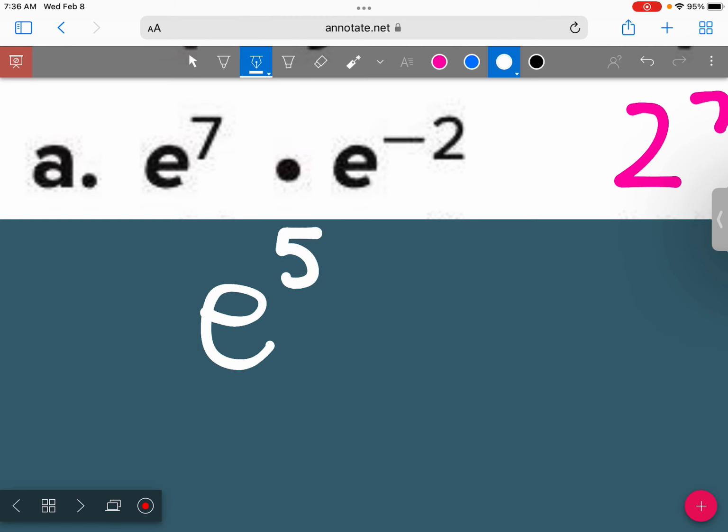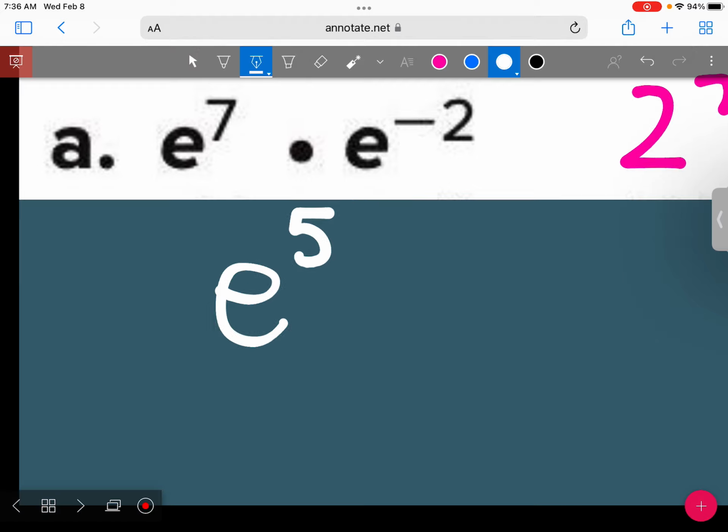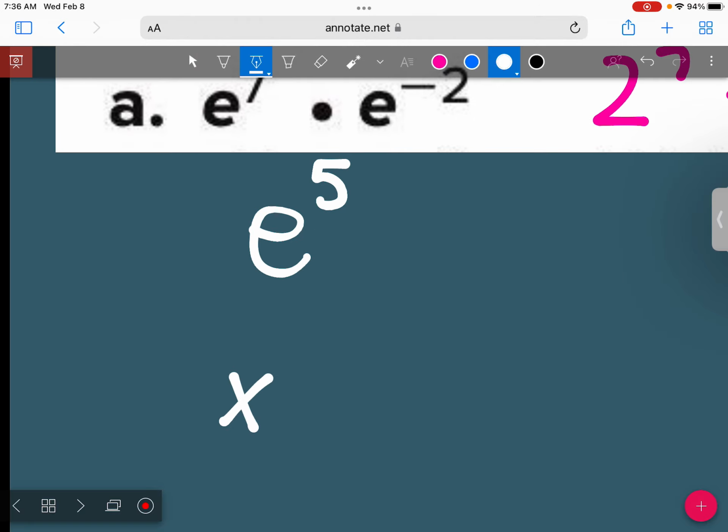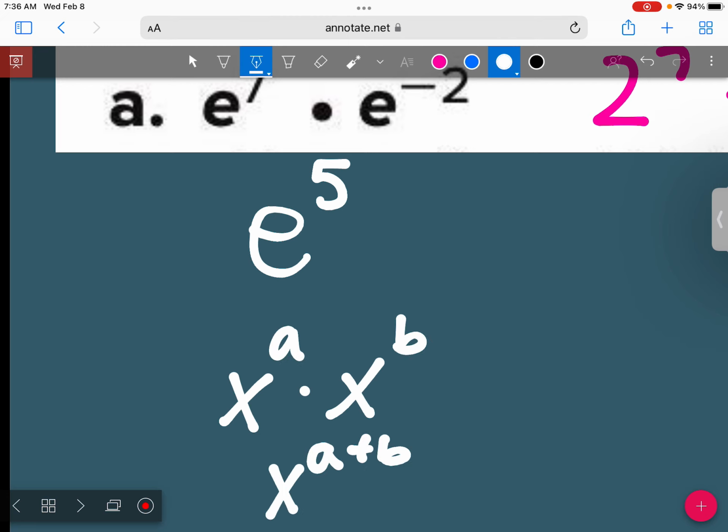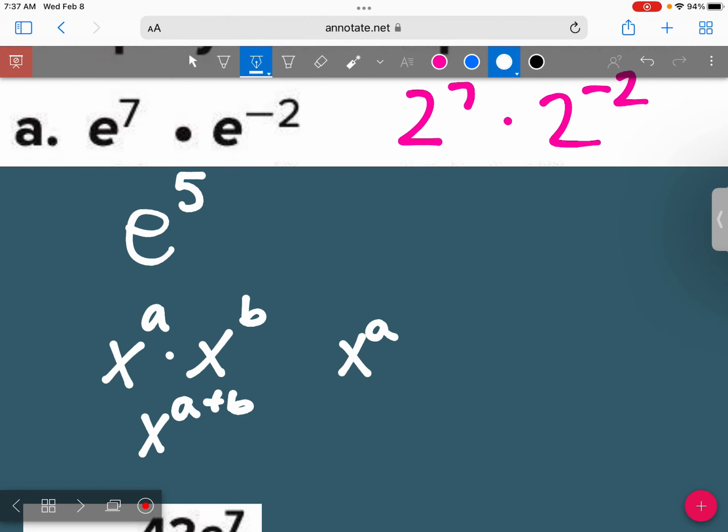Because 7 plus negative 2 is 5. Okay? So remember that when we multiply things, if we're multiplying x times x, we add their exponents. And then if we have an exponent raised to another exponent, then we multiply their exponents, okay? Does that make sense? It's really important to remember, okay?